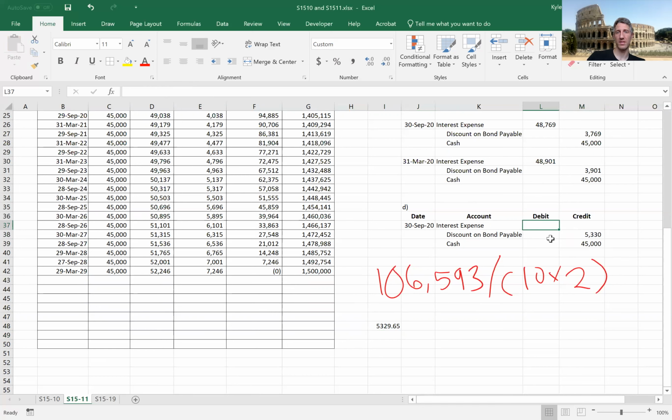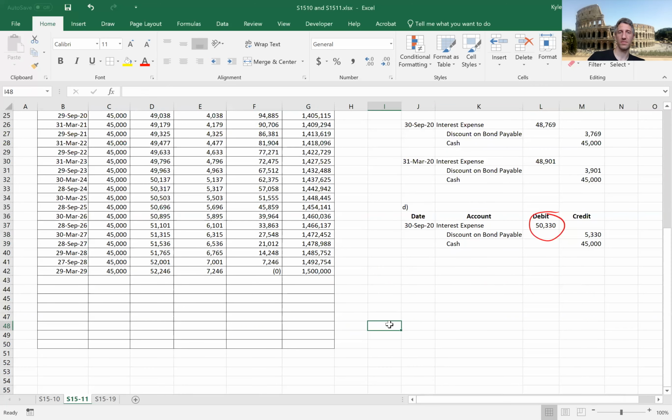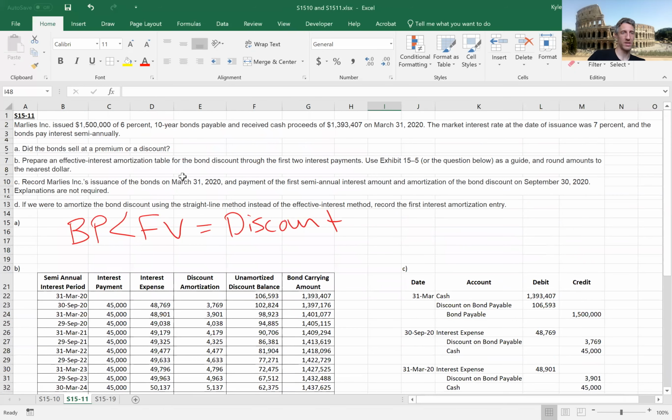Which means that the interest expense, in order to balance out my journal entry, are these two added together. And it would be this amount of interest expense every transaction if it were the straight line method. And that's part D.